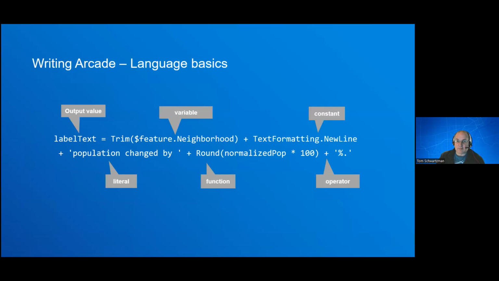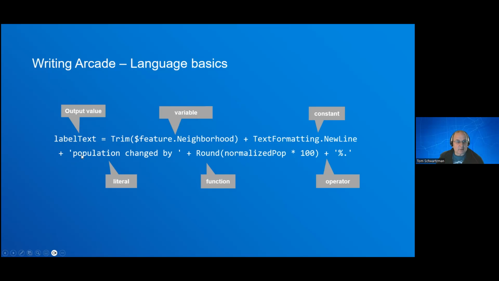Here's an example expression, which is really just building a string. We're going to have this variable called label text, and it's equal to the feature that we're working on, like in a pop-up, for instance, and the field neighborhood. So we're going to grab from the feature the field neighborhood. We're going to trim it. Trim is a string function that takes any white space, like spaces, off the front and back. And we're going to add a new line, carriage return kind of thing.